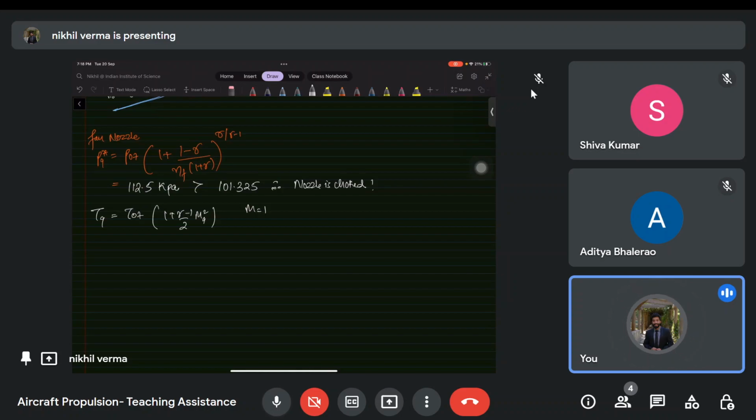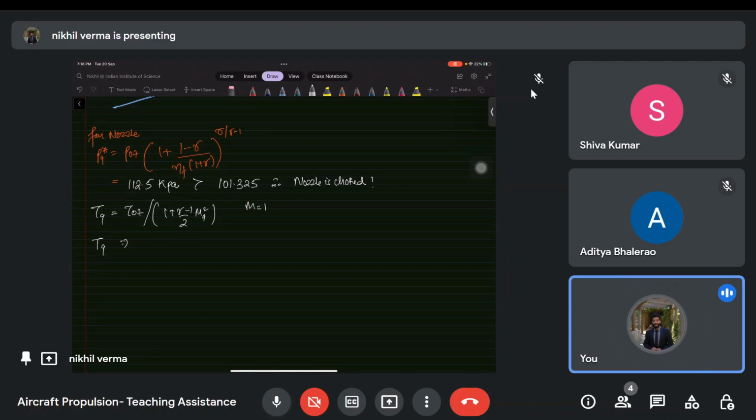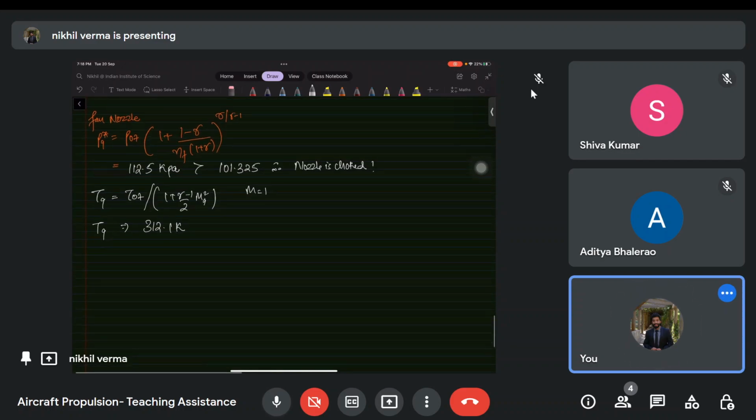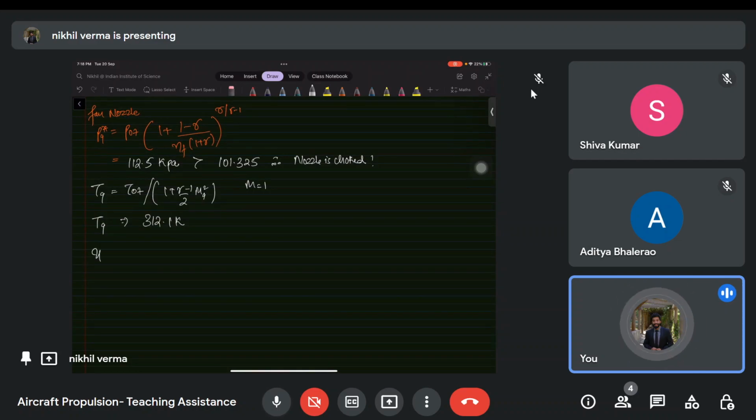M9 is 1, so you can calculate T9. You will get 312.1 Kelvin. Now let us calculate U9. U9 is just the square root of 2 Cp (T naught 7 minus T9), right? With this you will get 353.4 meters per second.